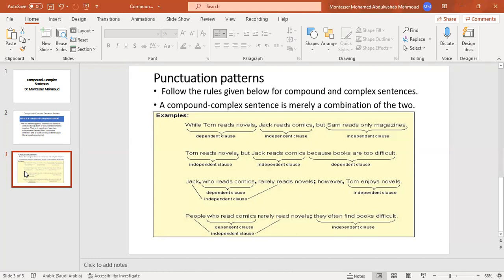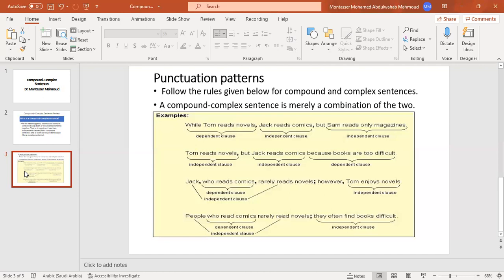Why? Because it can stand alone as a complete sentence. It has a subject, a verb, and expresses a full meaning. The third one, Sam reads only magazines. It's another independent clause. It has a subject, Sam, a verb, reads, and it expresses full meaning. So here we have three clauses, two independent and one dependent.